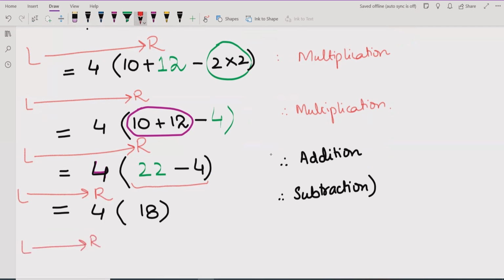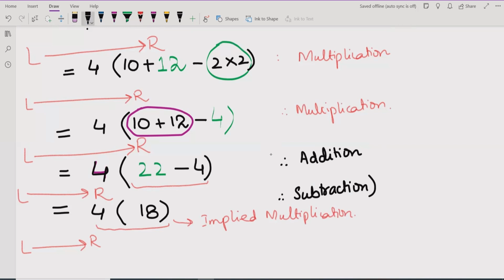Here we do not have any sign. It means we have a multiplication sign without it being shown. We call this implied multiplication, where the multiplication sign is not appearing, but both numbers are multiplying each other.